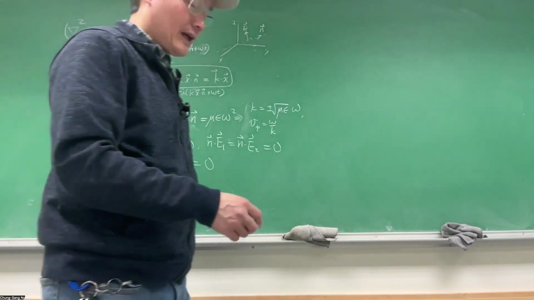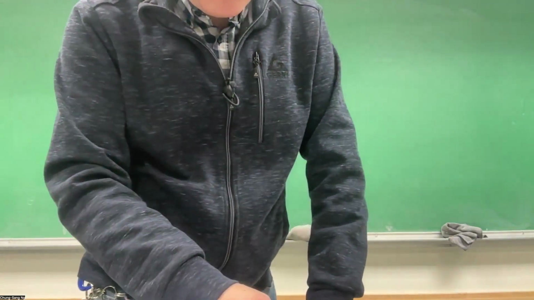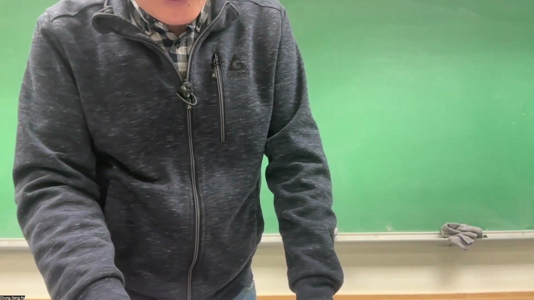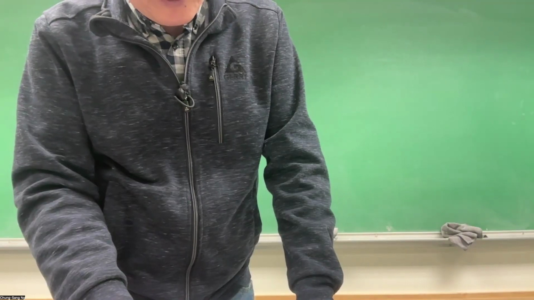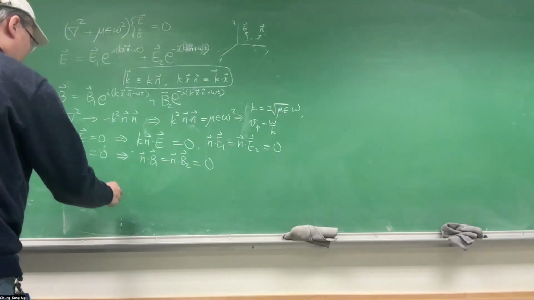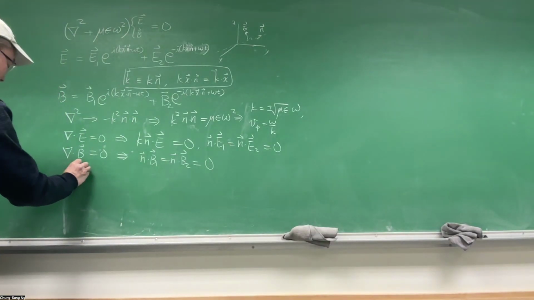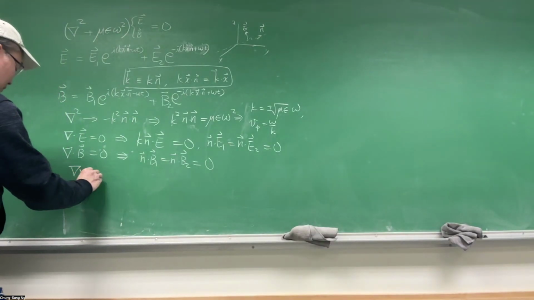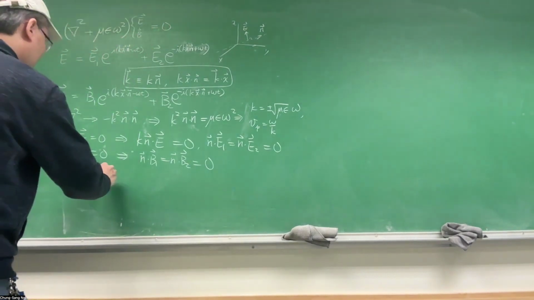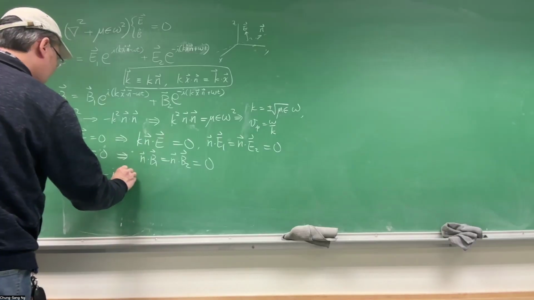Okay, so the last one is you go back to equation 7.2. So you can use either one, either use the Faraday's law or Ampere's law, right? If you use the Faraday's law, your curl E plus or minus i omega B is 0.